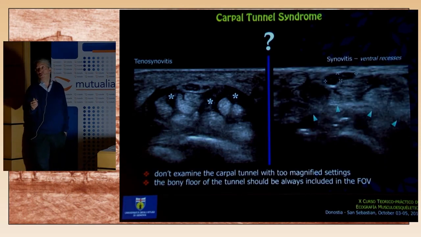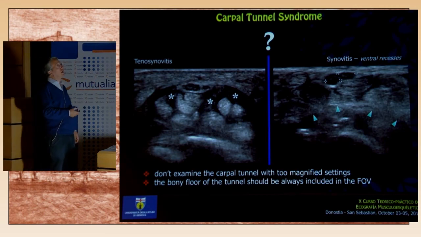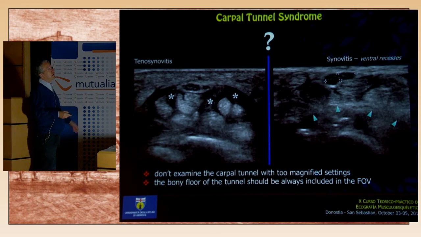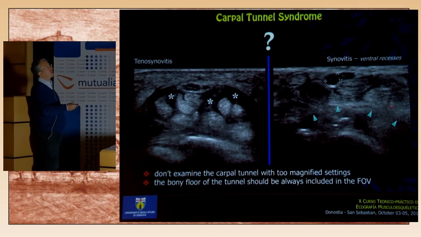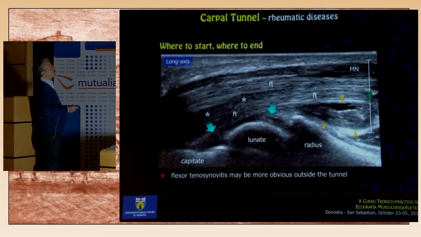If you start with too magnified a setting just to see the fascicles of the median nerve so big on the screen, the image is fantastic, but then you can miss a ganglion located deeply, or in this case the distension of the ventral recesses of the wrist joints, and this may elevate the tendons, and it may be the cause for compression of the median nerve against the retinaculum. So check this area systematically.